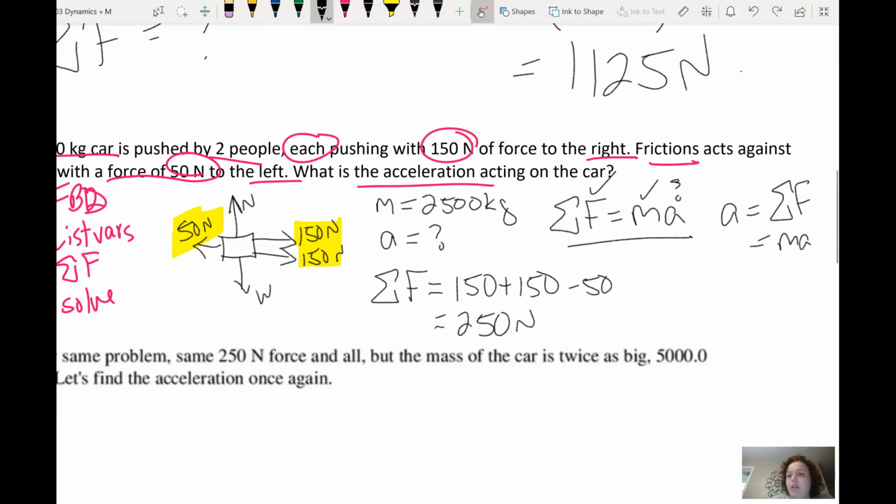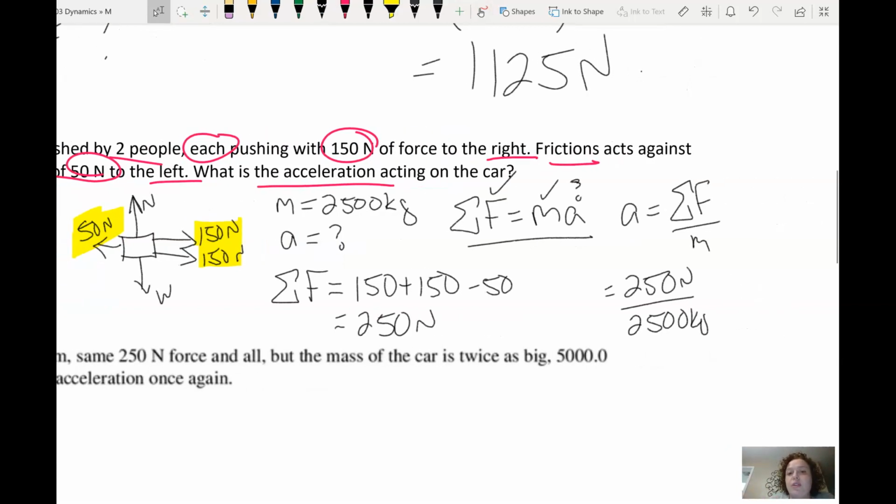Net force divided by the mass. So we've got 250 newtons divided by 2,500 kilograms. I don't do quite so well at division in my head. Just a sec. So it's 250 divided by 2,500, 0.1? Yeah, 0.1. And that means our acceleration is 0.1 meters per second squared.